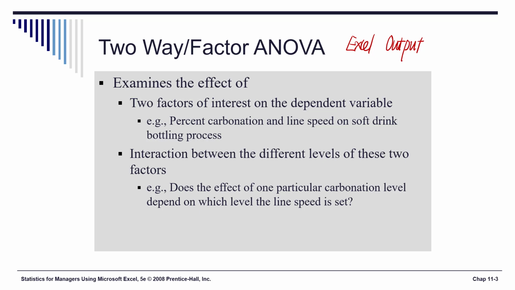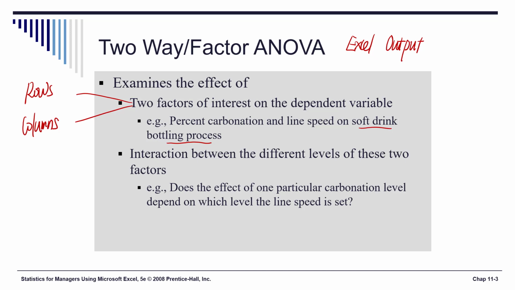We call those row factor and column factor, on a dependent variable. For example, let's say you want to find out the relationship between the percent carbonation and line speed on a soft drink bottling process. So we have two factors here: percent carbonation, and the other one is line speed.